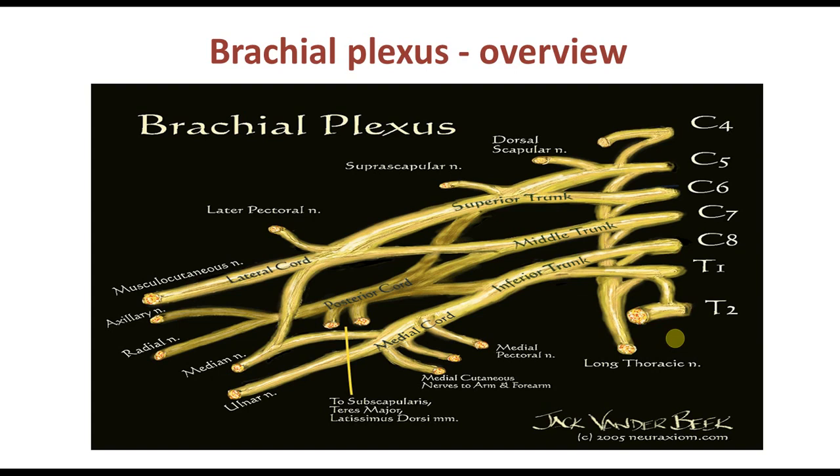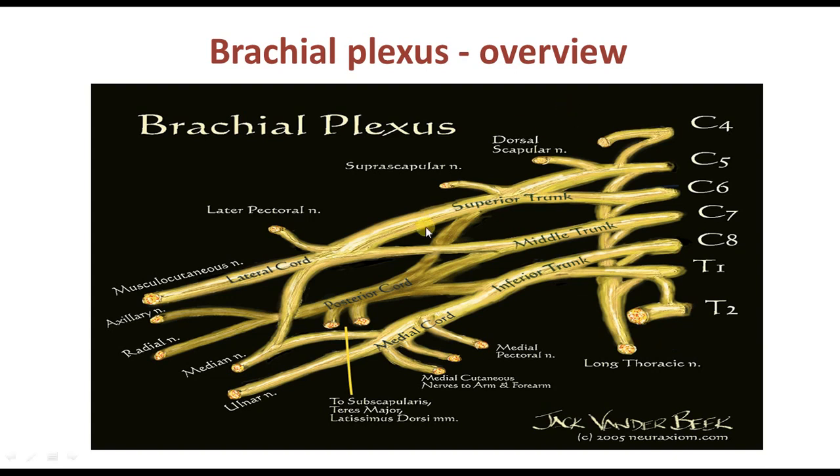Before going into the nerve supply of the palm, as we all know, the brachial plexus is mainly involved in the innervation of the whole upper limb. We have discussed the brachial plexus in detail, and most of its nerves as well.